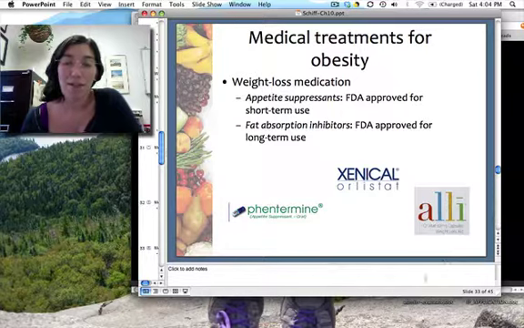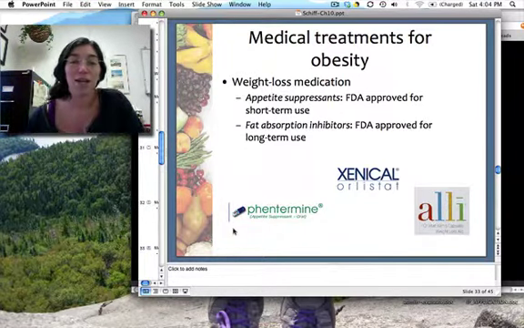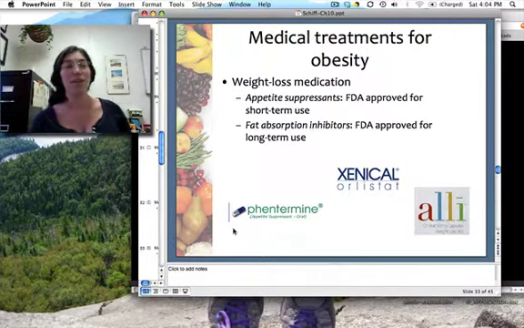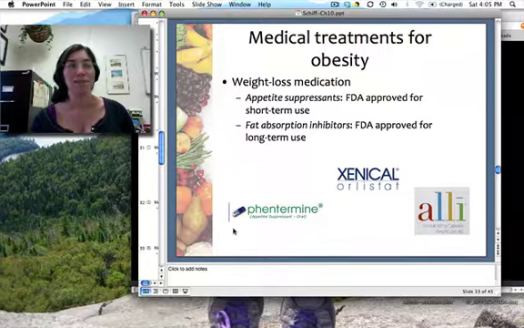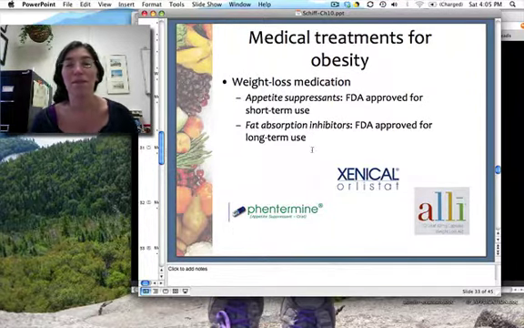The brand name I have here is phentermine, which is a pill that suppresses the appetite. There are also over-the-counter dietary supplements that help suppress the appetite. They're not necessarily FDA approved, and they work by different mechanisms.